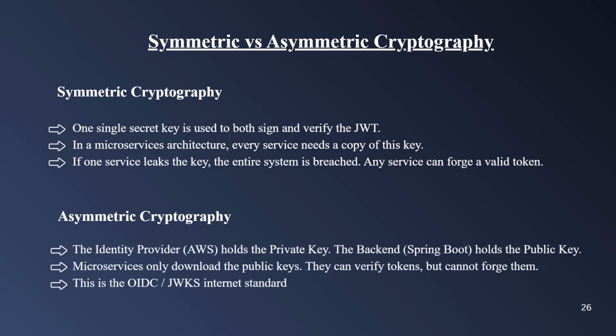So enter asymmetric cryptography, right? Here, our identity provider holds the private key. Our identity provider is the one who signs the JWTs, right? And then our identity provider also holds the public keys as well, which we access through Spring Boot. I'll get to it, don't worry. So basically, the same key is not both signing and verifying that signature.